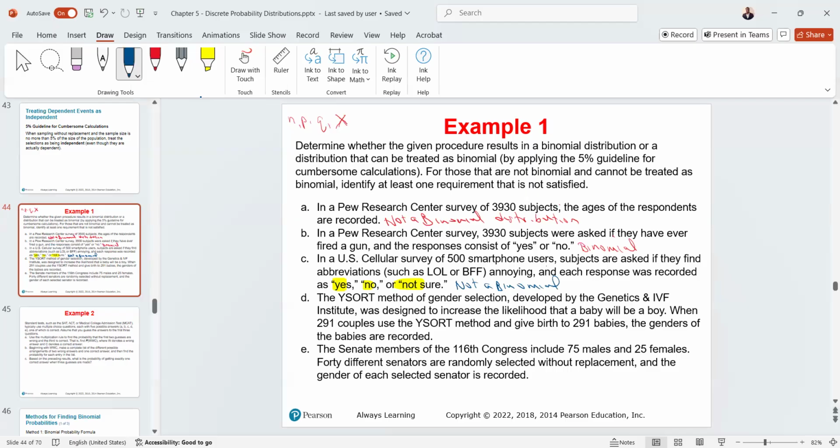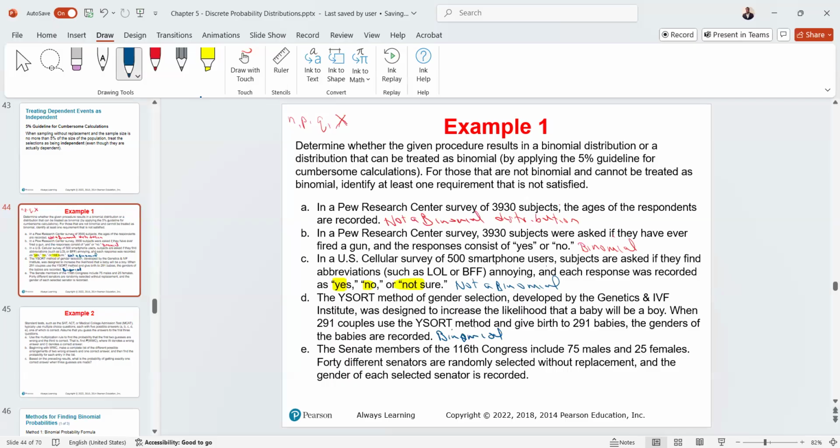Well, at this point, we need to verify if it's binomial. Yes, because it's either a boy or not a boy. You have only two possible outcomes, probability of success or failure, at birth, right? You're either a boy or not a boy. So in this case, yes, it's a binomial distribution.